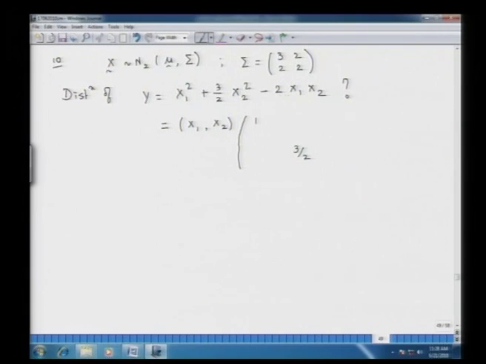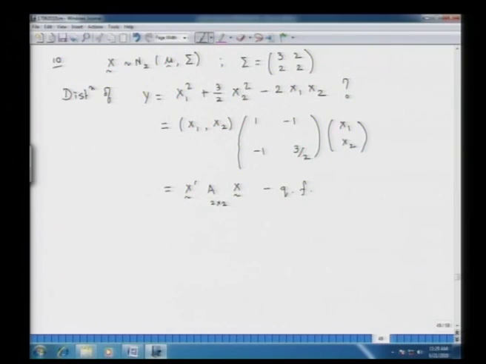Each gets half of the coefficient, so the x1 x2 coefficient of -2 is divided equally into the two off diagonals, and then this is multiplied by x1 x2. So this is of the form x transpose A x, where A is a 2 by 2 matrix. This is the type of quadratic form result we have done in the theory lectures.